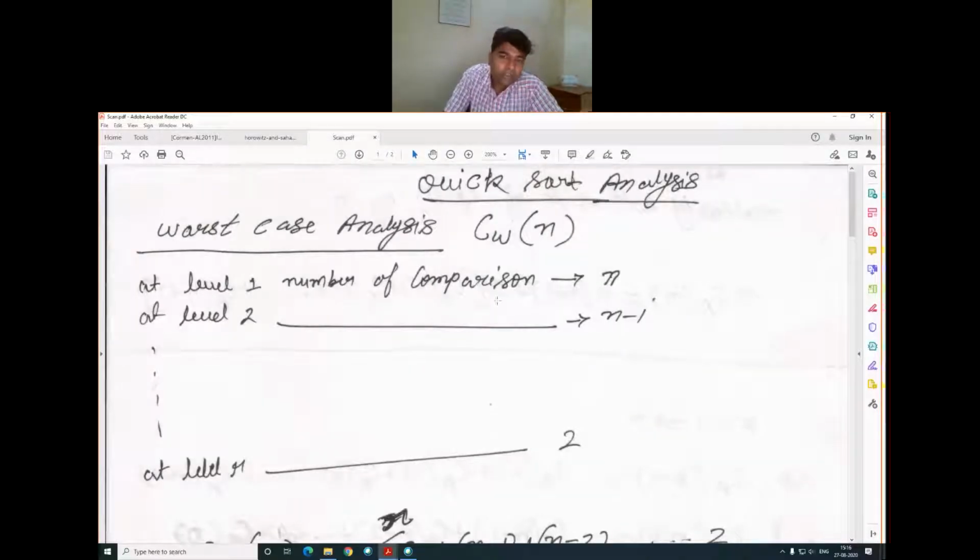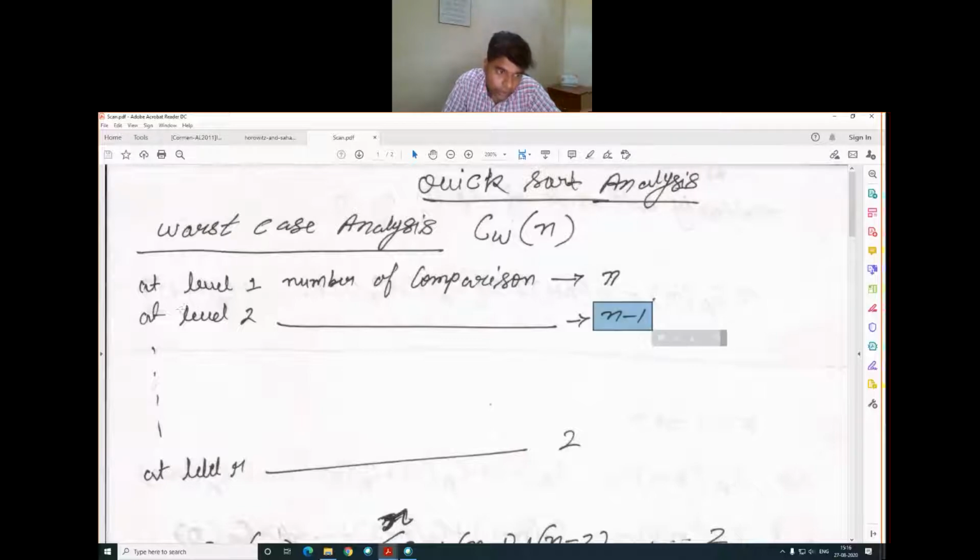How many comparisons can we perform at maximum? n. If there are n elements, then the total number of comparisons is n. After placing the first element at its actual position, how many elements remain in the array? n minus 1.